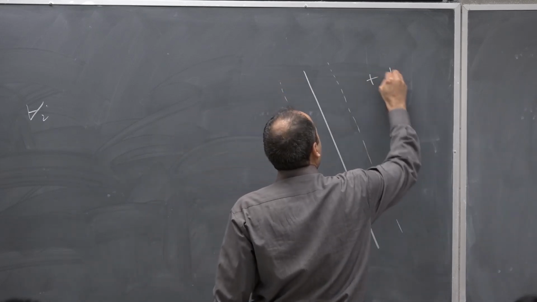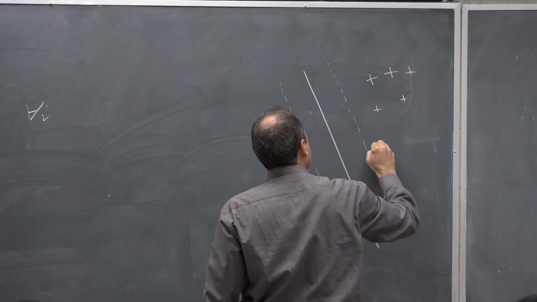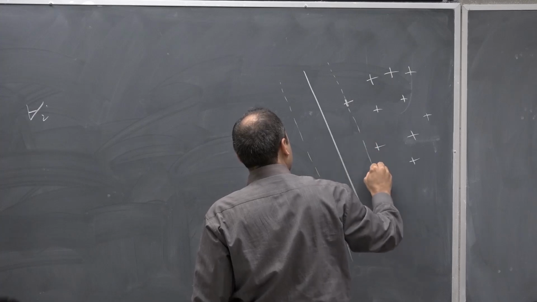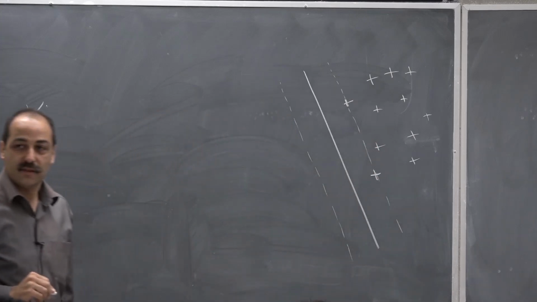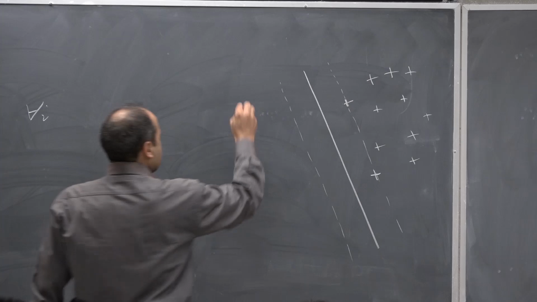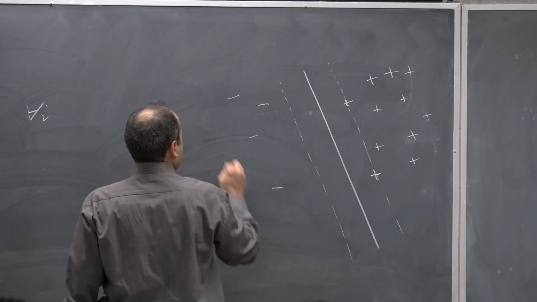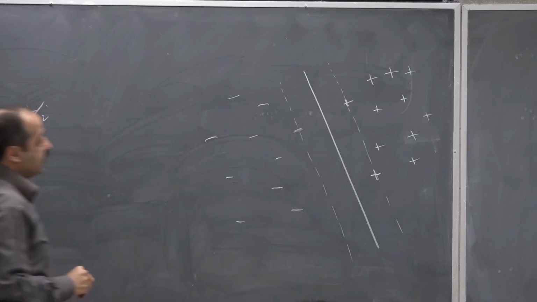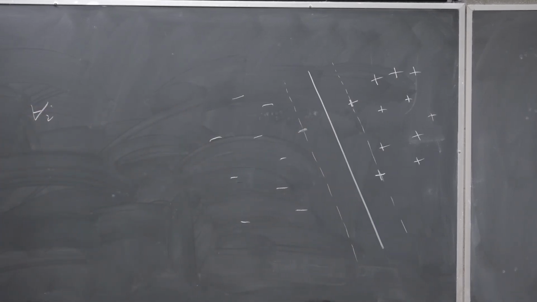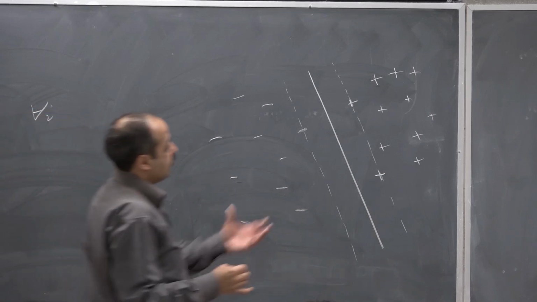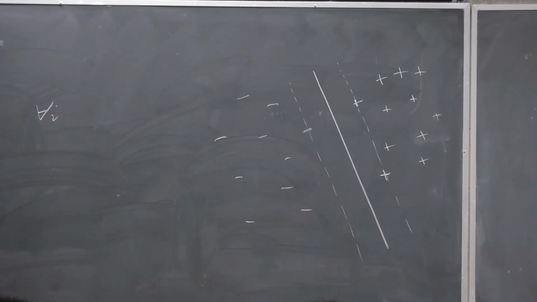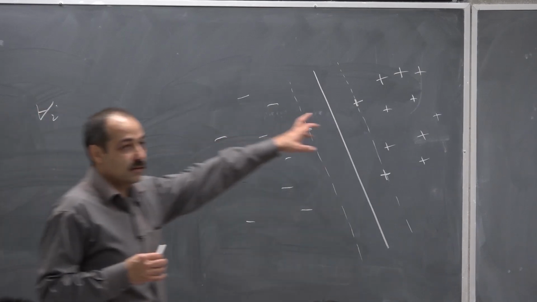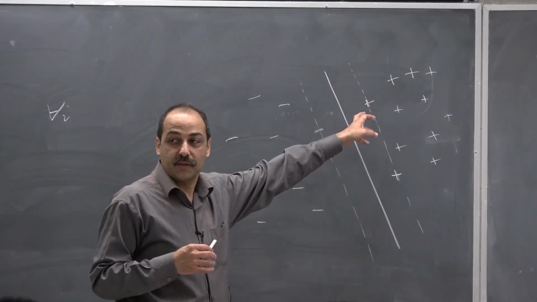All points of one class were on one side of the margin and boundary, and a couple of points were on the margin. They were support vectors. Points of the other class were on the other side, and some of them on the margin, support vectors. That was our situation in hard margin. Now we have a case where it's not possible to have a perfect decision boundary.